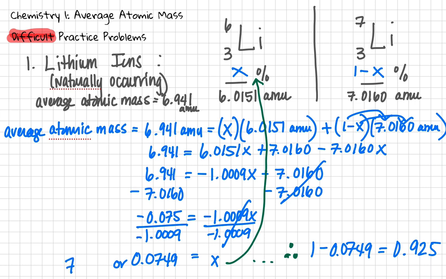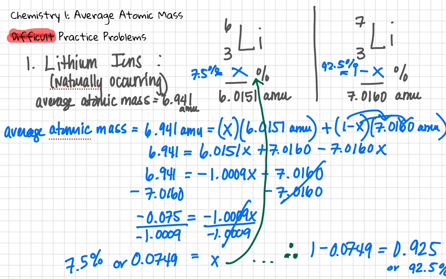That is equal to 7.5%. And this is 92.5%. So this first isotope is found 7.5% of the time, and the second one is found 92.5% of the time.